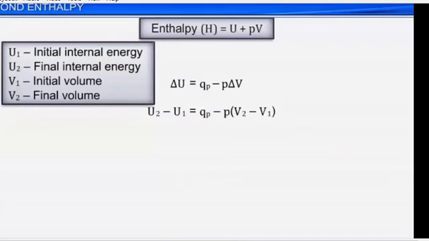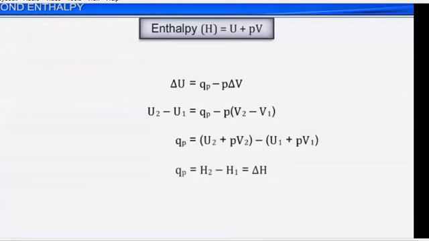The above equation can be written as U2 minus U1 equal to QP minus P into V2 minus V1. On rearranging this, we get QP equal to (U2 plus PV2) minus (U1 plus PV1). But we've already learned that U plus PV equal to enthalpy H. Hence, the equation can be written as QP equal to H2 minus H1 is equal to delta H. Therefore, delta H is equal to QP.